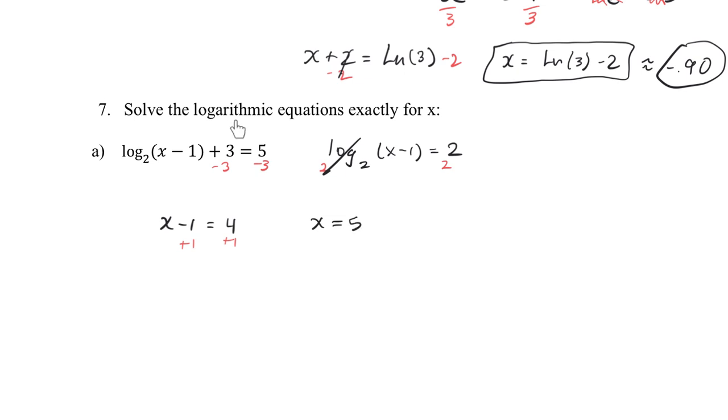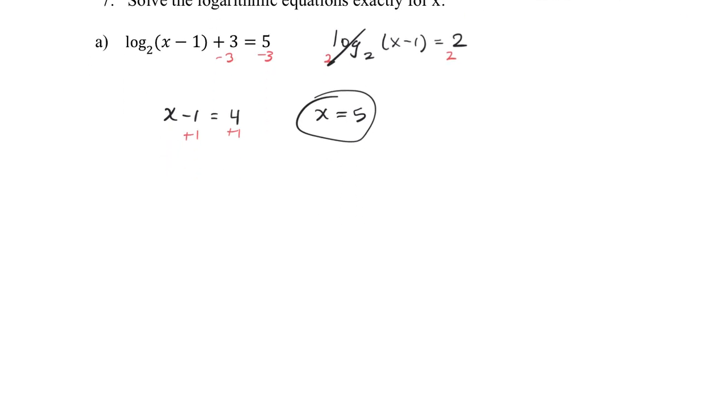It's always a good idea with logarithmic equations to check your solutions, because remember with logarithmic equations, the domain is restricted. You can't have values inside of a logarithm that make negative values. So if you plug in a 5 here, 5 minus 1 is 4, so that's fine. And the log base 2 of 4 is 2. 2 plus 3 is 5. Very easy to check most of the time your solutions with logarithmic equations.